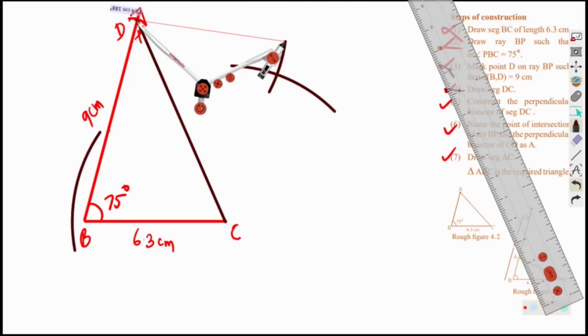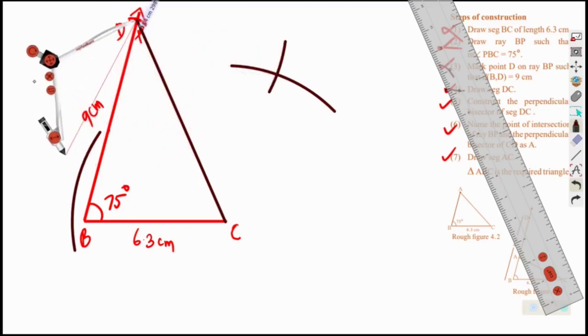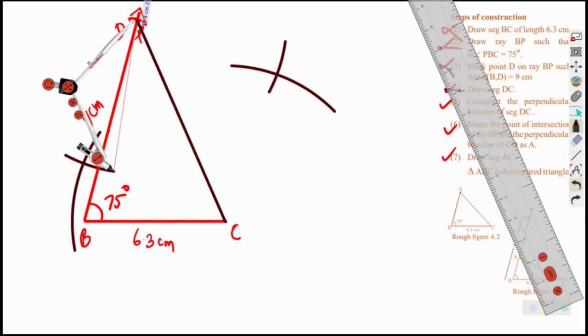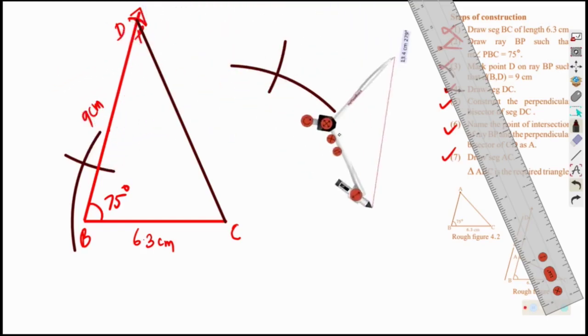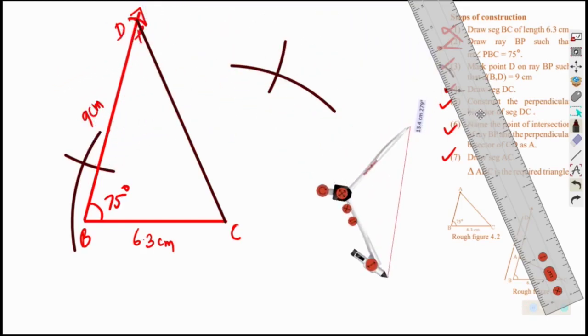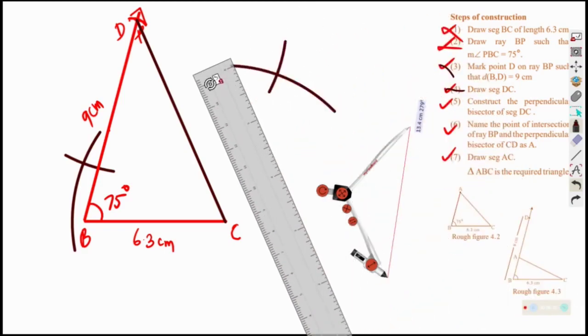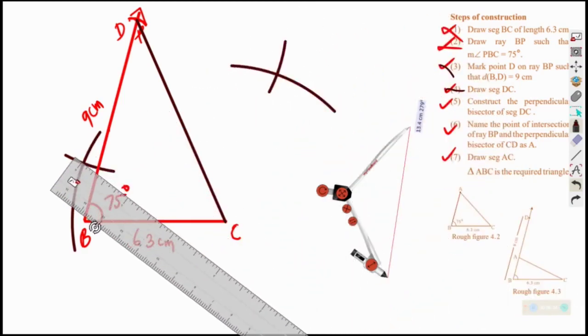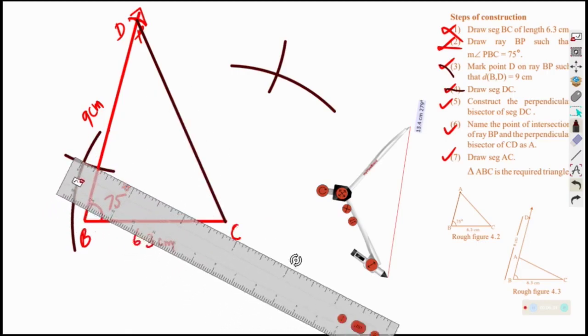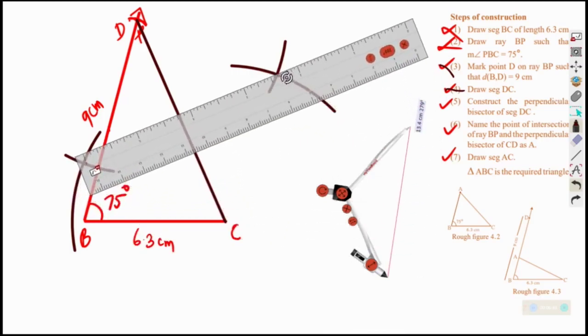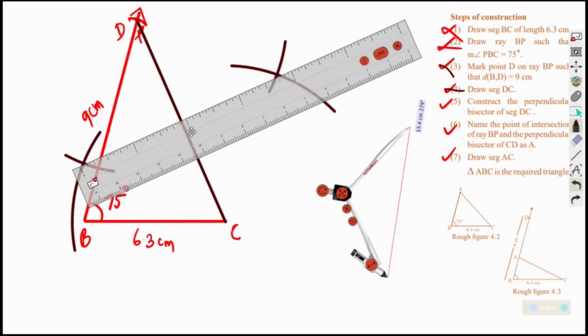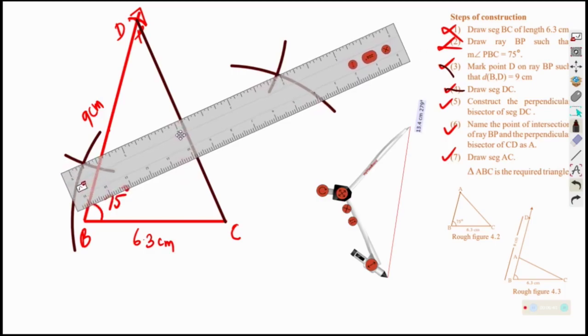So the intersection of the arcs on both sides of the line segment will help us complete the drawing of the perpendicular bisector. Now we need the scale again to connect it. When we connect it, we will be intersecting a point on the side BD of this triangle.